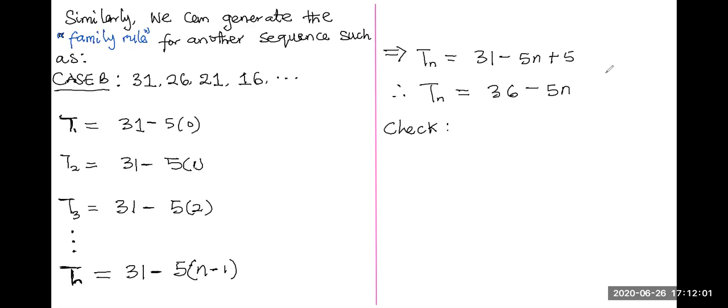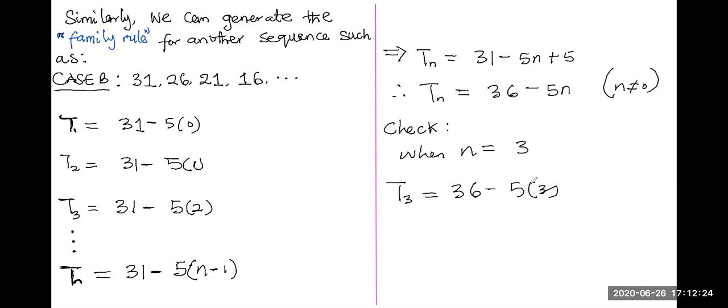When n is equal to 3, do we get the third term here, 21? We'll say if n is 3, T3 is equal to 36 minus 5 multiplied by 3. And that will give us 36 minus 15. Therefore, our T3 is equal to 21.